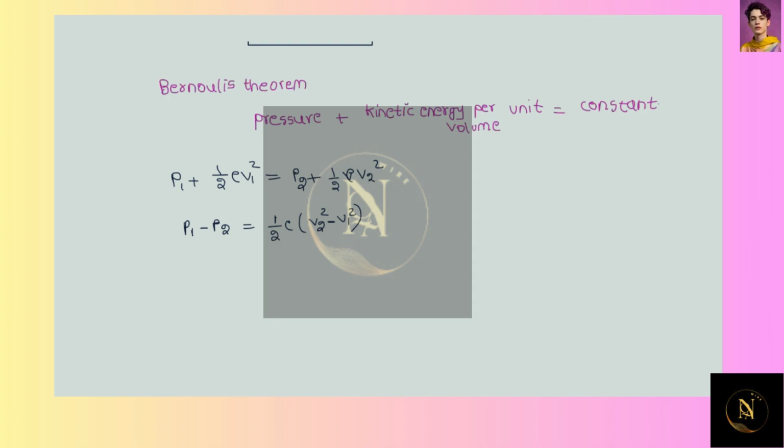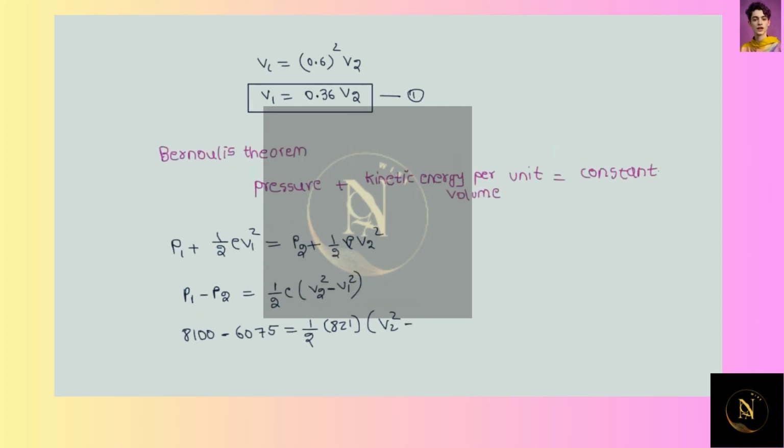We know P1 is equal to 8100 minus P2 is equal to 6075, which is equal to half of rho, we know the rho value 821, times V2 square minus V1 square. Here we know the V1 value is 0.36 V2.